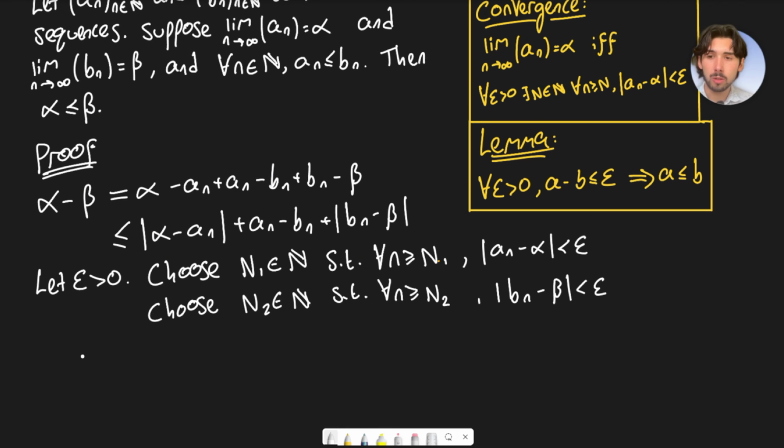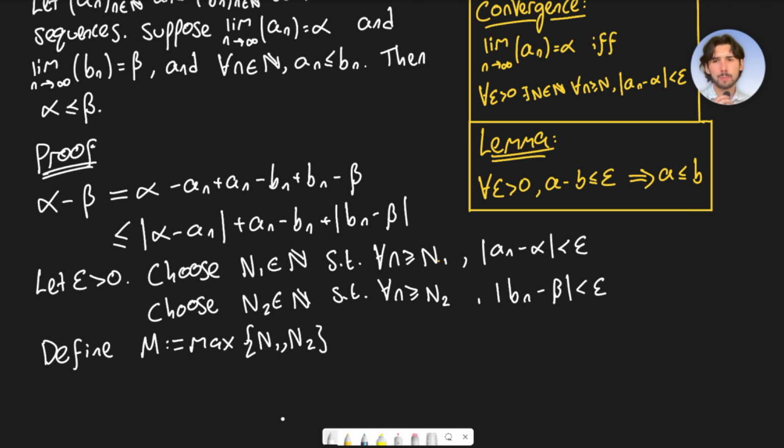What I will now do is define some new letter. I'm going to call it M, and M is just going to be the maximum of N1 and N2. This is a really common thing that you will see in analysis, where you're dealing with two separate sequences and you just want some natural number after which you're within a distance of epsilon of both limits.